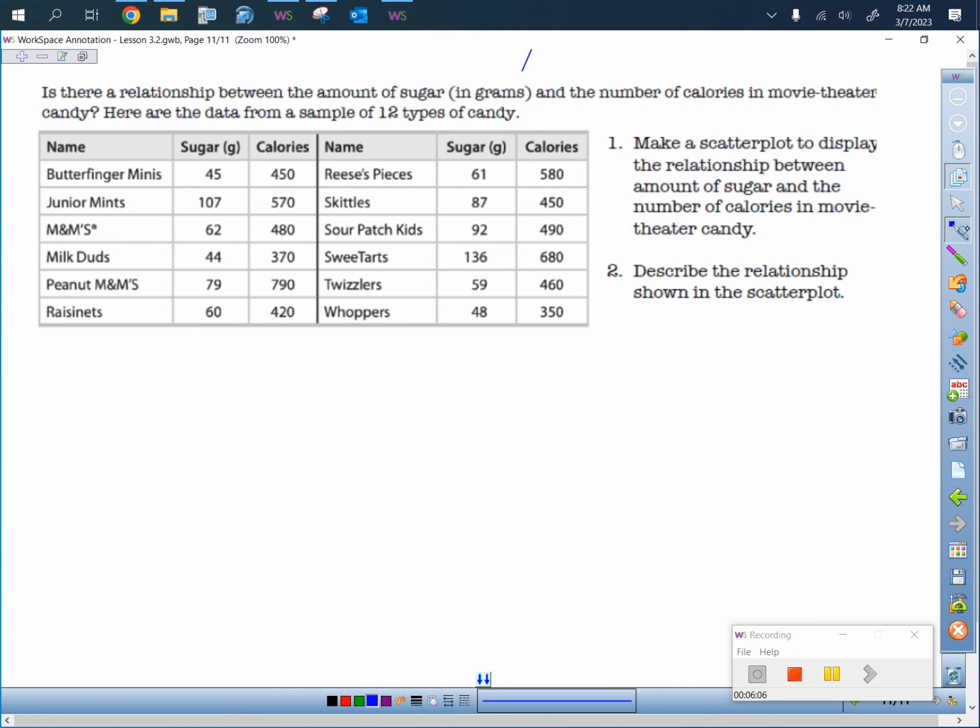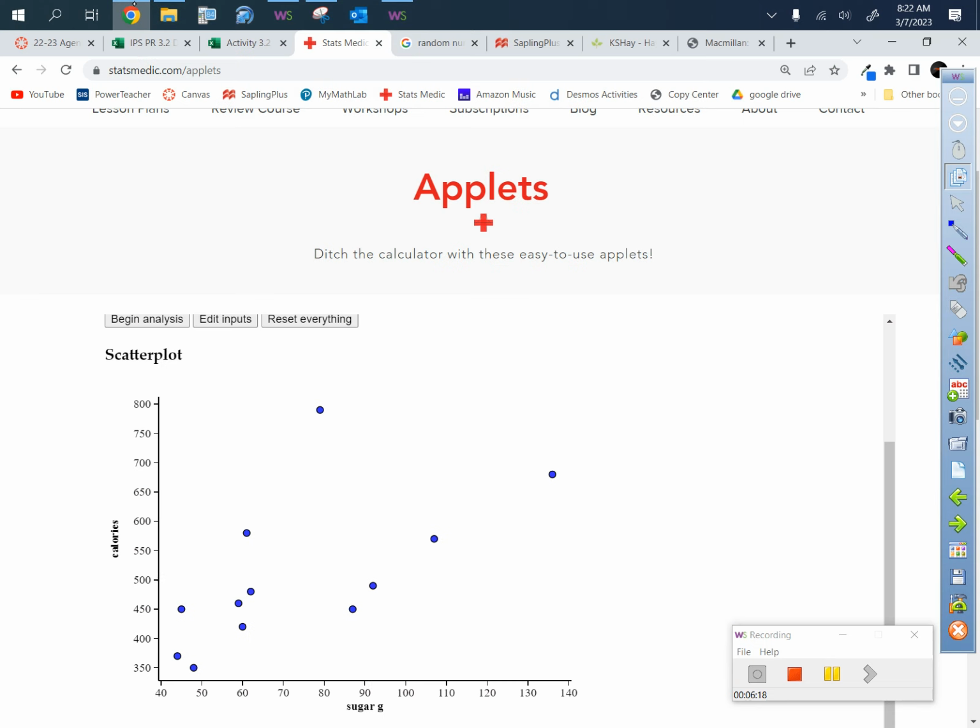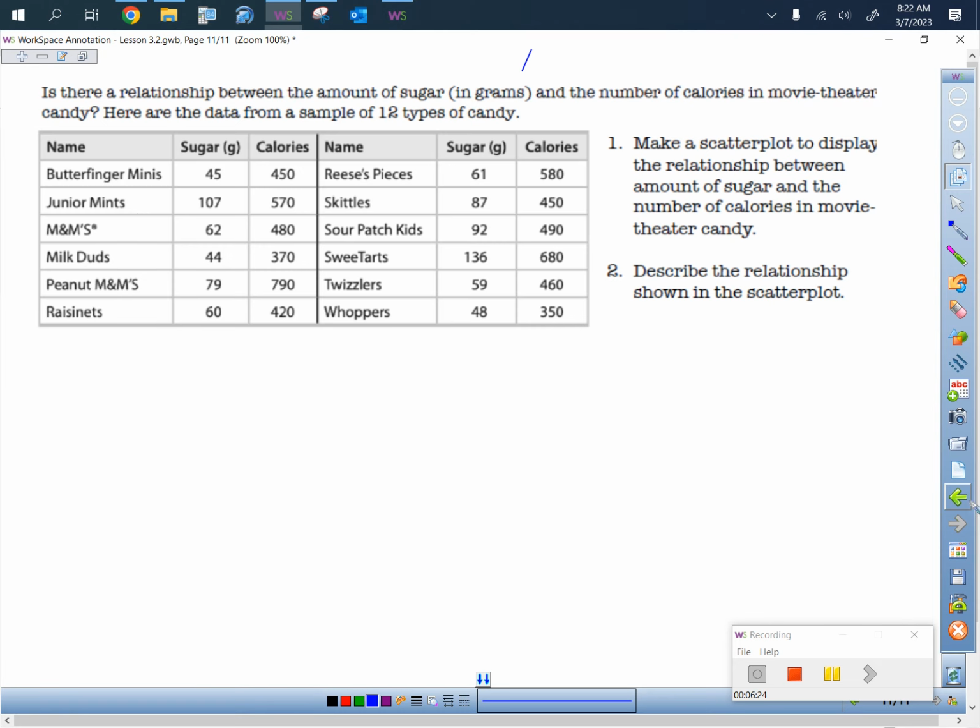Let's talk about the first thing, which is the direction, positive or negative. What do you think on this scatter plot? It's kind of rough, but would you say more positive or more negative? That's definitely positive. So direction, you can abbreviate it with a D, is positive.